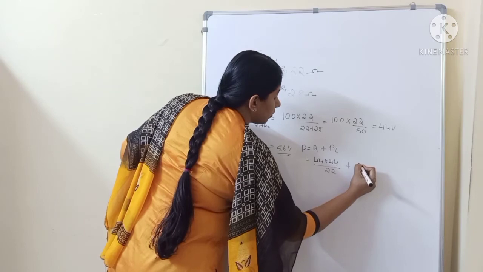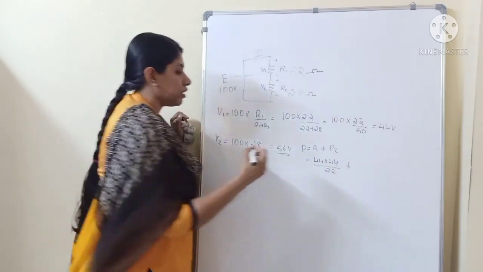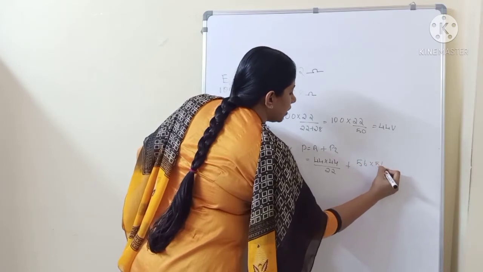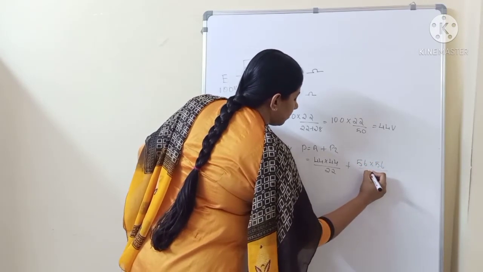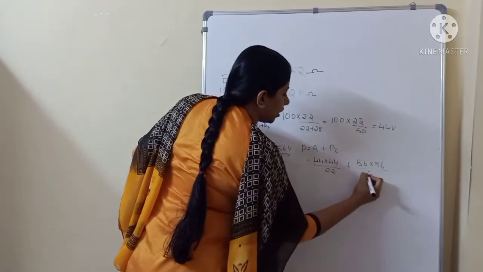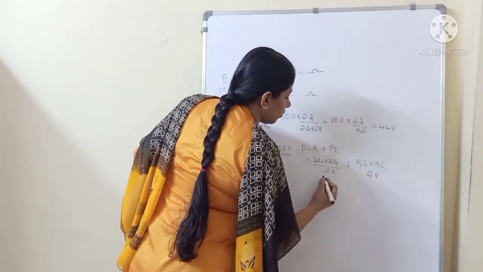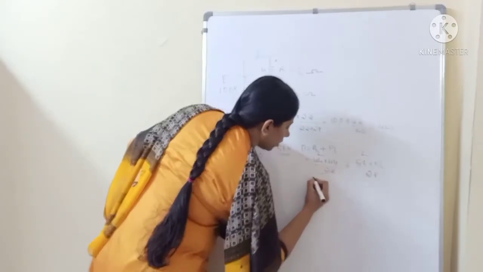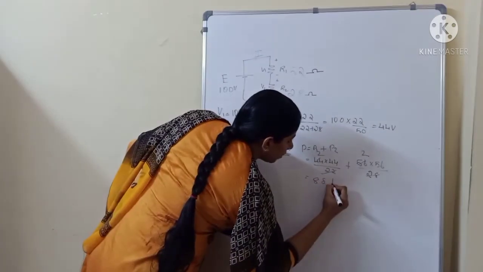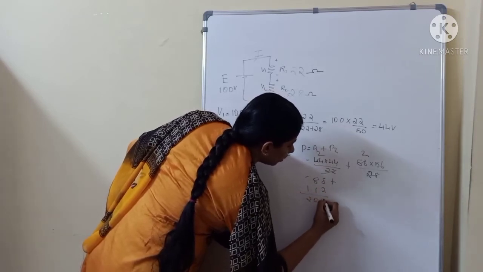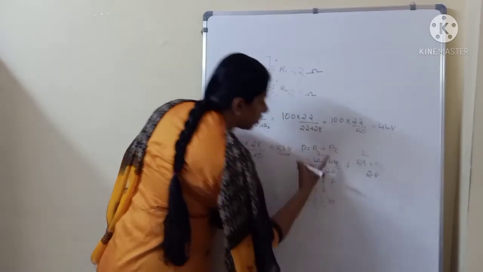P2 means V2 squared, that is 56 into 56 divided by the value of that particular resistance, 28. So it is 88 plus 112, that is 200 watt. This is the total power of the circuit.